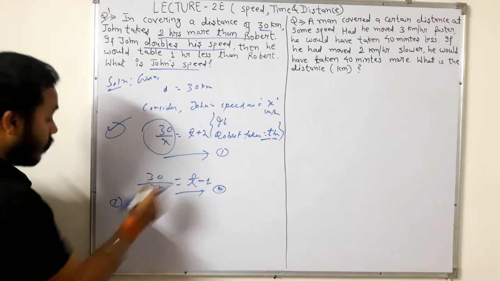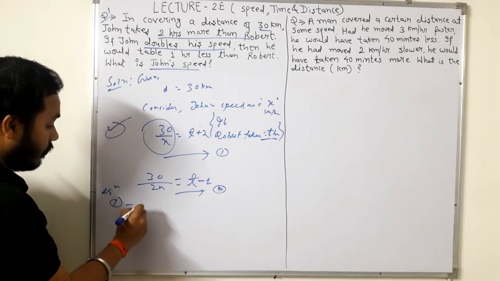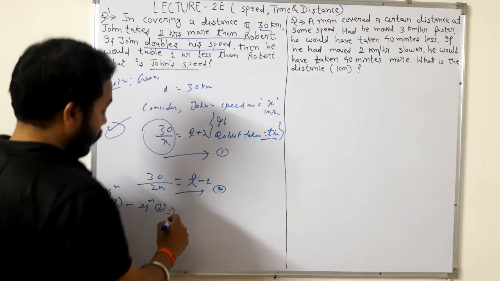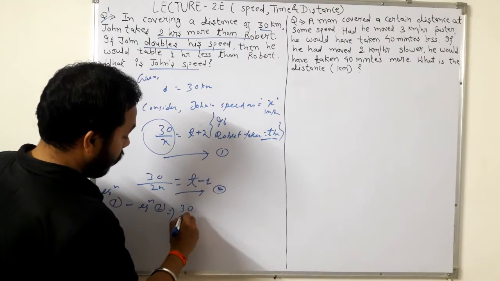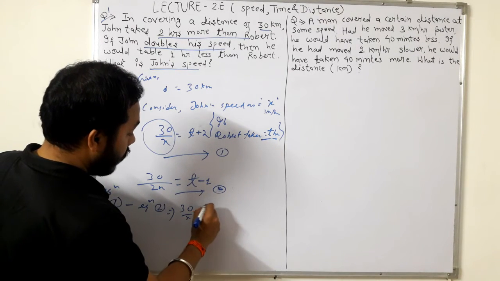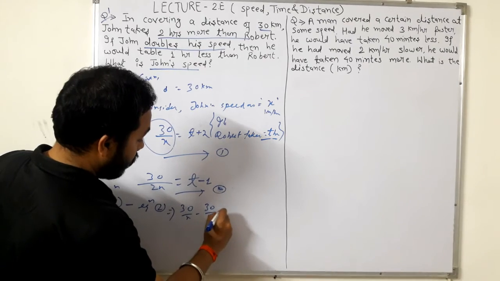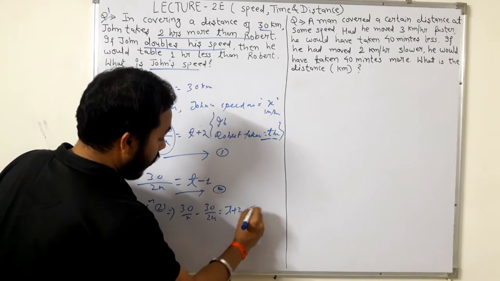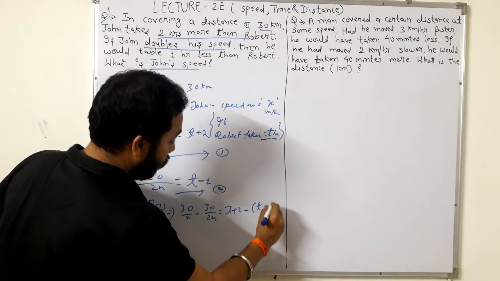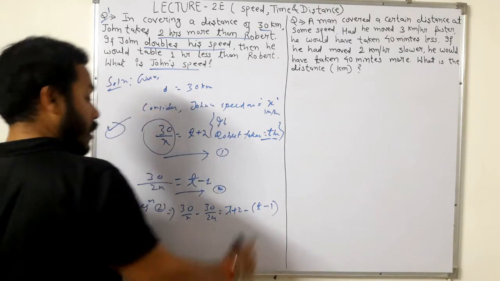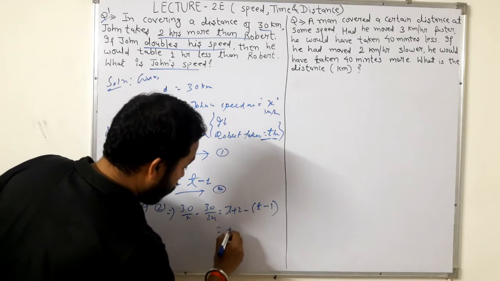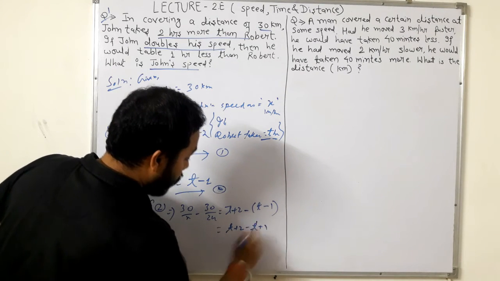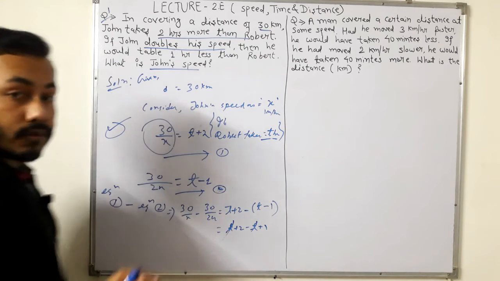This is our equation number 1, and this is equation number 2. Now subtract equation 2 from equation 1. So we have 30 by x minus 30 by 2x is equal to t plus 2 minus t plus 1. The t cancels out.